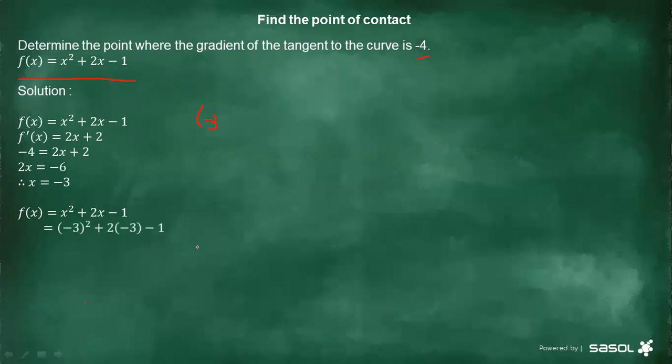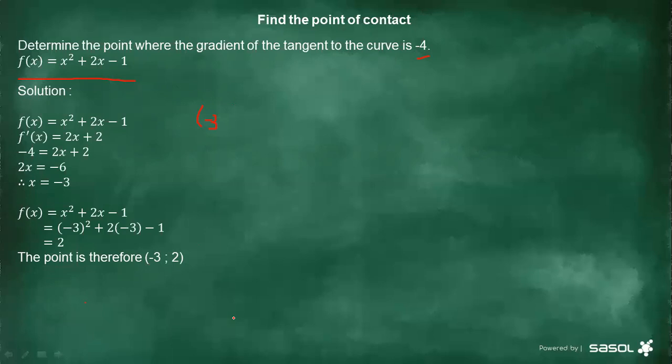We substitute -3 there, and the answer is going to be positive 2. So the point that we're looking for is (-3, 2). So that's how you determine the point of contact.